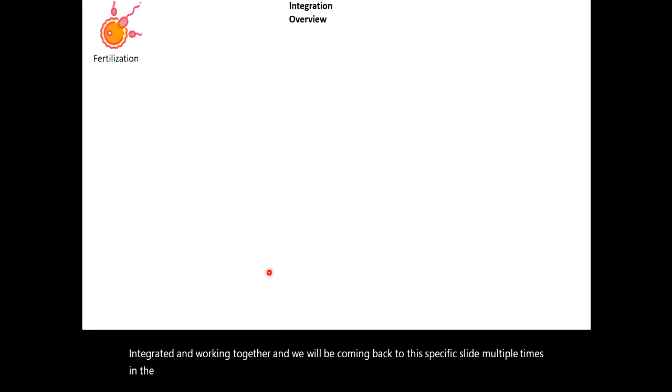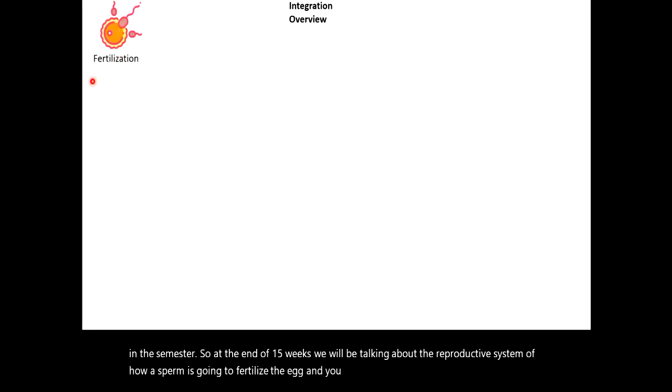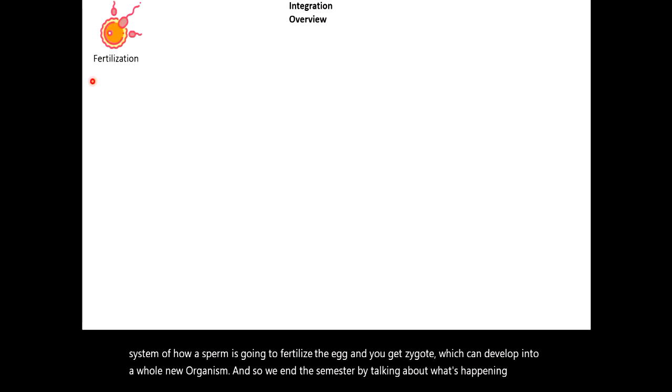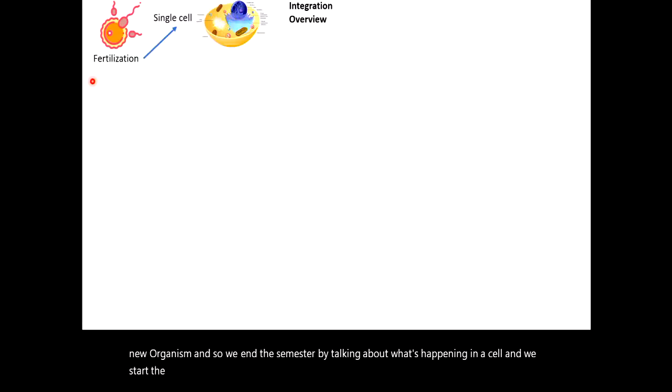So at the end of 15 weeks, we will be talking about the reproductive system, of how a sperm is going to fertilize the egg, and you get a zygote which can develop into a whole new organism, right? And so we end the semester by talking about what's happening in a cell, and we start the semester by looking at the structure of a single cell.